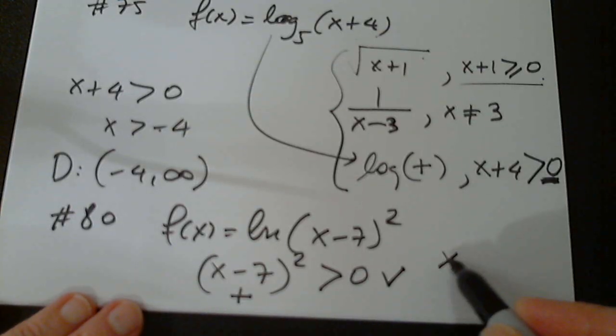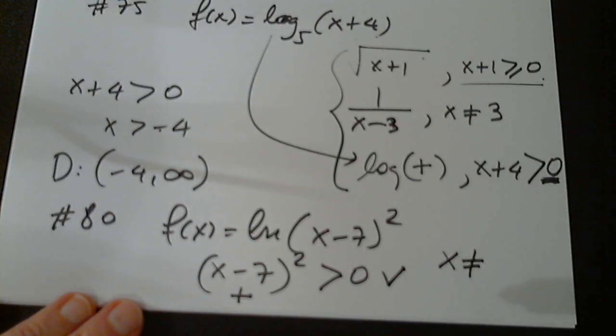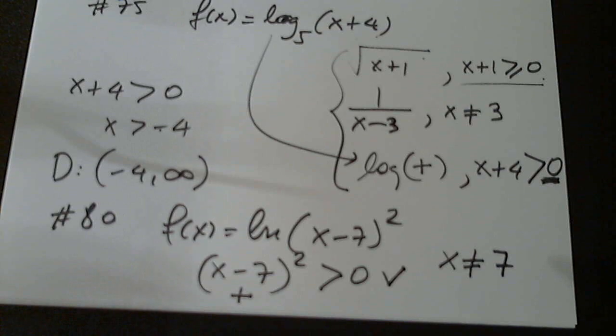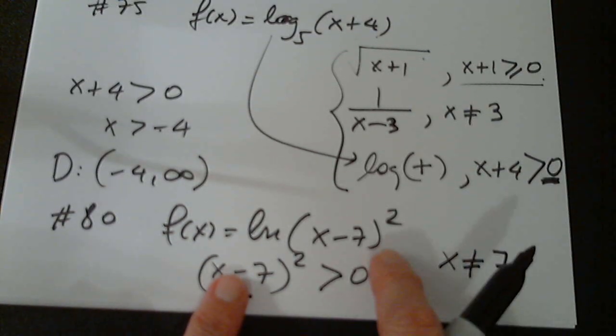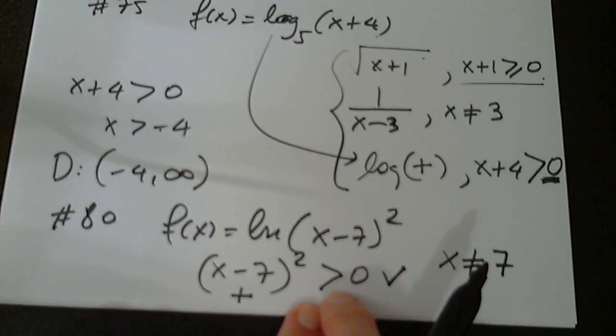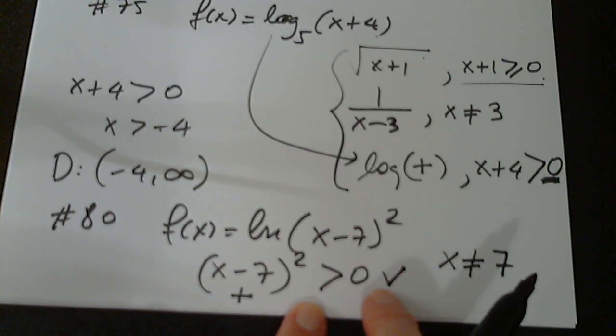So what is that number that has to be excluded? Would it be 7? Indeed. Any other number will be positive, so it's safe. But 7 minus 7 is 0, and 0 is not strictly greater than 0.